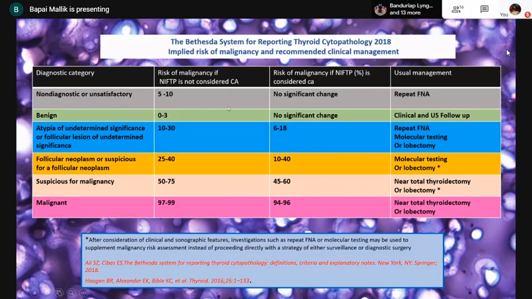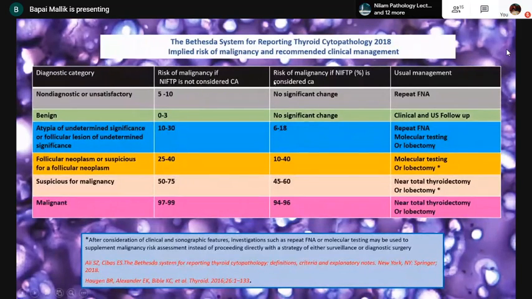As you can see over here, the malignancy rates are different. They go up as you go from non-diagnostic right up to malignant. Importantly, in the non-diagnostic category, there is a 5 to 10% malignancy, and then it keeps going up.